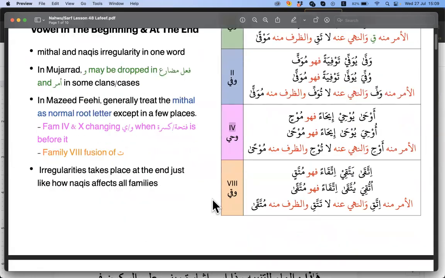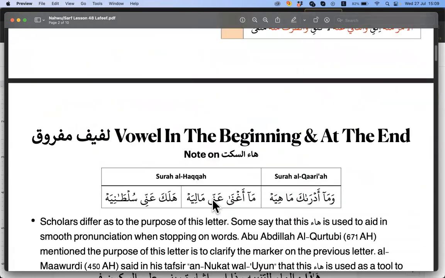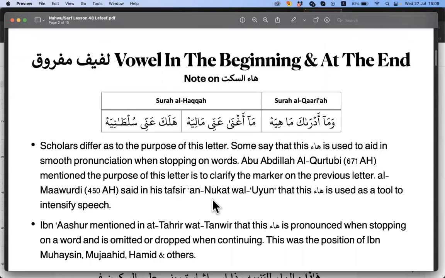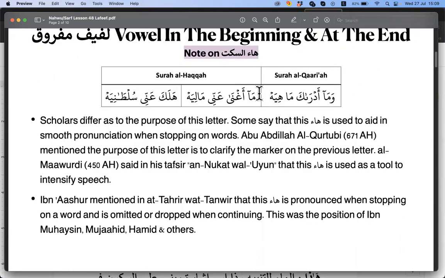But one thing that I added for this topic, this one we didn't do that day, is about ha sakat. So what we're talking about in Surah Al-Qari'ah, wa ma adraka ma hiyah. This ha at the end here.